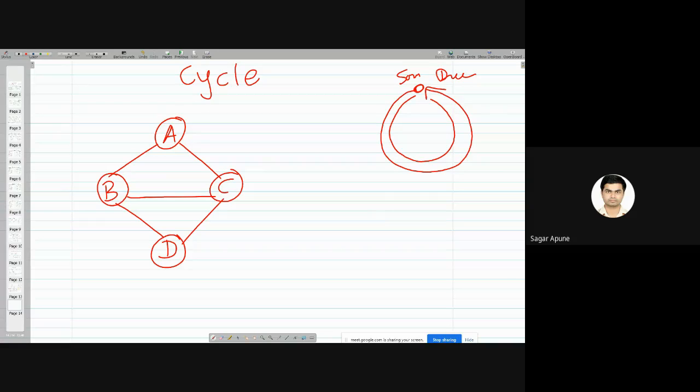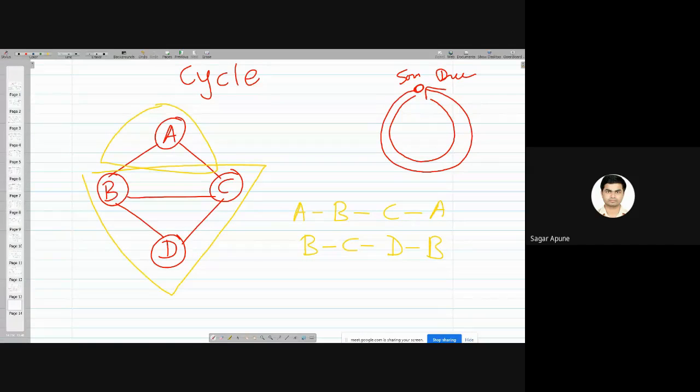Start from A: A to B, B to C, again A. So this is cycle 1: A dash B dash C. Then again start from B: B to C, C to D, D to B. So B dash C dash D dash B, because source and destination are the same. You can write it for C also, for D also, the same way. So this is called a cycle.